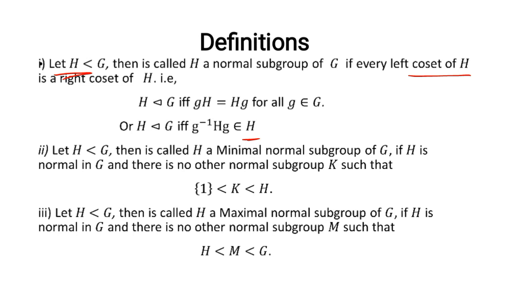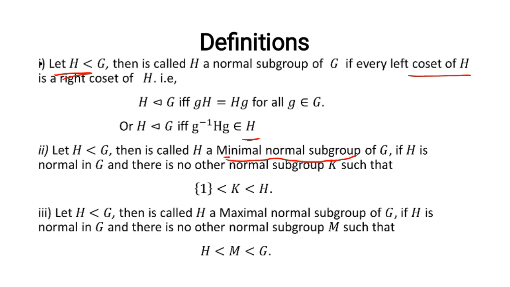Okay, the next definition is what we call a minimal normal subgroup. What does it mean to be minimal? It means it has no last born. For instance, in a family where you have 3 kids and then there's a last born, that one will be last born in the sense that there's no other child after him or her. Is that not so? Same also with minimal.